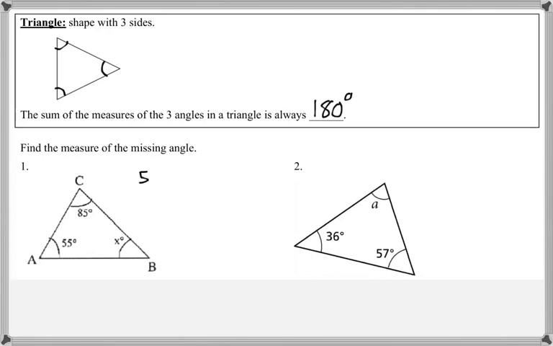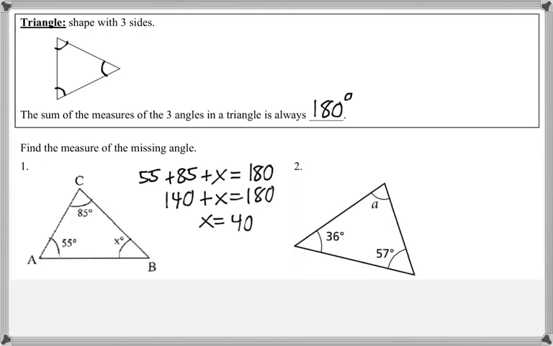If we take 55 plus 85 plus x, these are our three angles. If we add these up, they have to be equal to 180. So we can solve this equation for x. This will be 140 plus x is equal to 180. And then if we subtract 140, x is equal to 40 degrees.